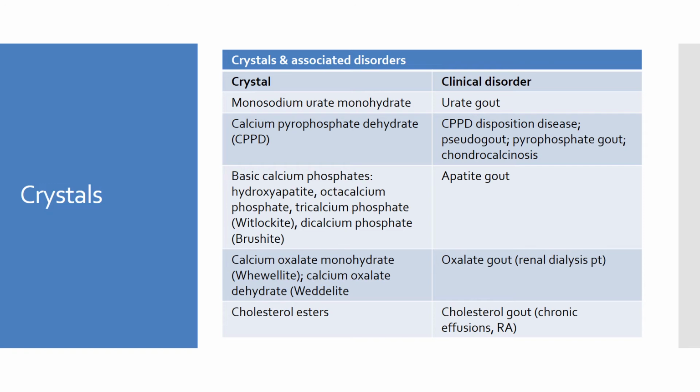Maybe it's easier if I go to the next slide, but let me just mention that the different hydroxyapatites and those calcium phosphates usually are not birefringent, so they don't demonstrate birefringence. Neither does calcium oxalate. It's MSU and CPPD that demonstrate either positive or negative birefringence.